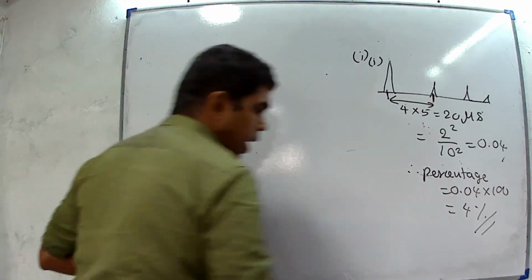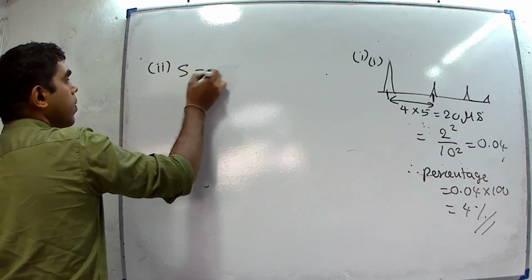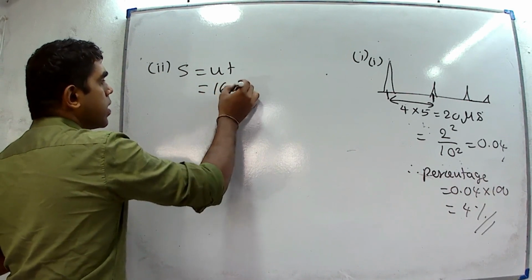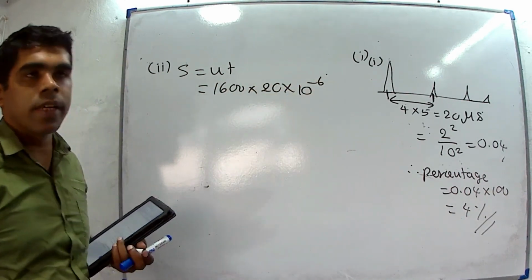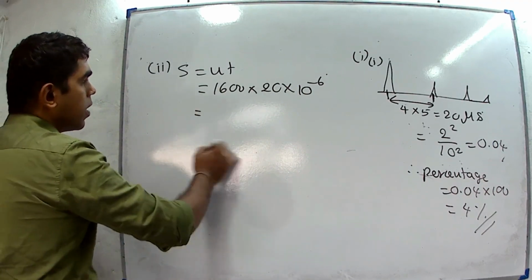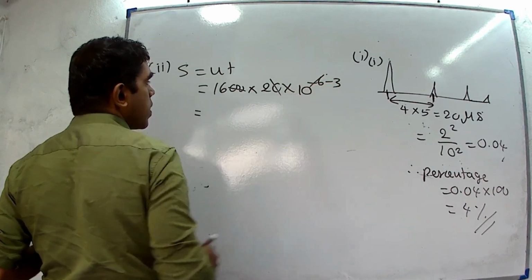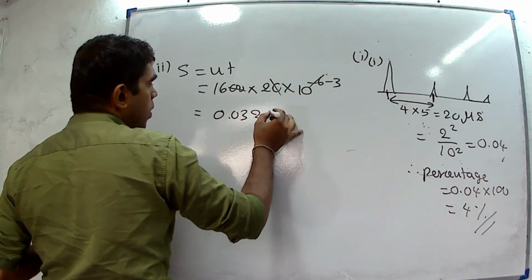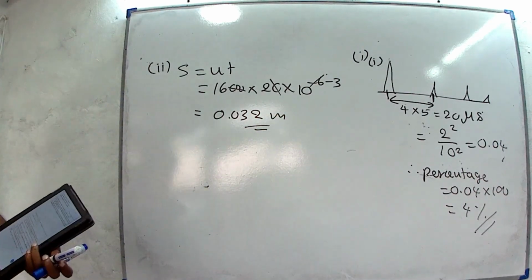The velocity of the ultrasound wave is 1600, and the time is 20 into 10 to the power minus 6 seconds. There are 3 zeros, 10 to the power minus 3, 2 into 16 is 32, so 0.032 meters.